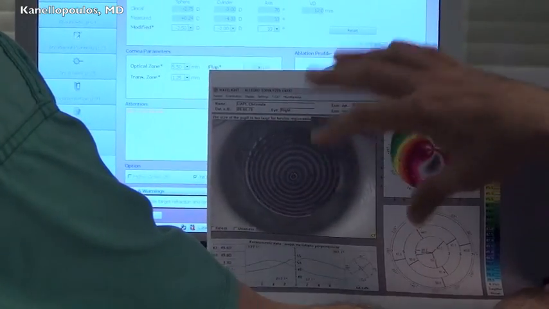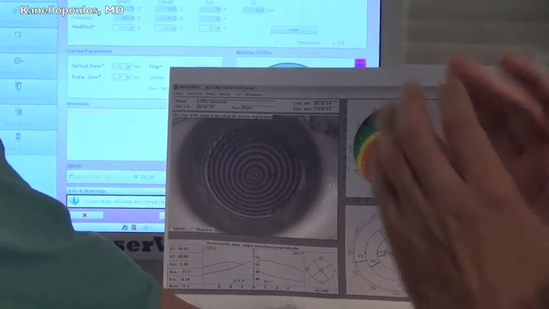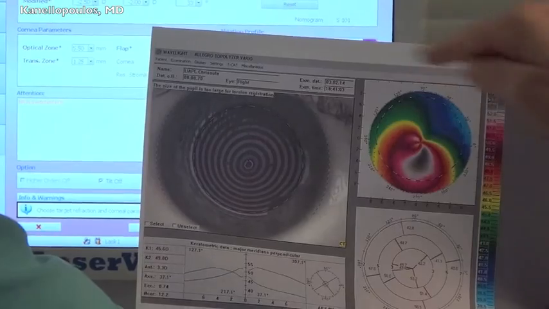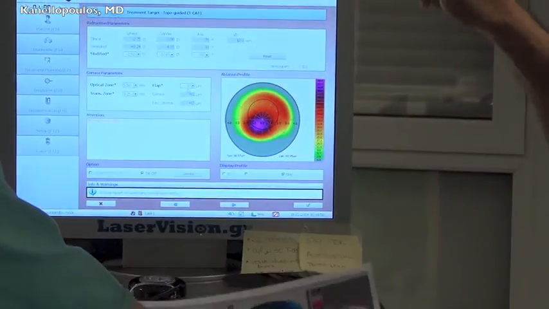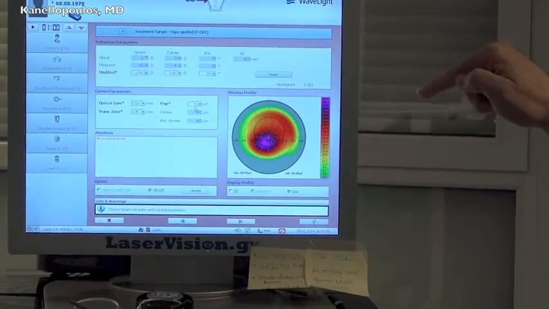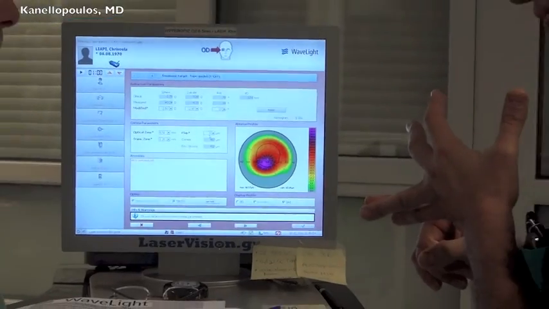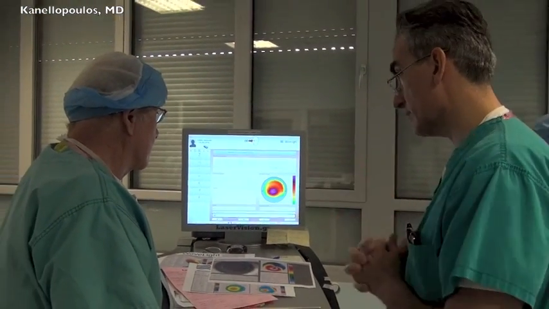This placido disc device takes a picture with a pupil myotic and scotopic, or mesopic should I say. So when we match the pupil size to what the device has, it's also going to match the centroid shift. So we have centroid shift, cyclodeviation, and corneal irregularity theoretically treated at the same time.